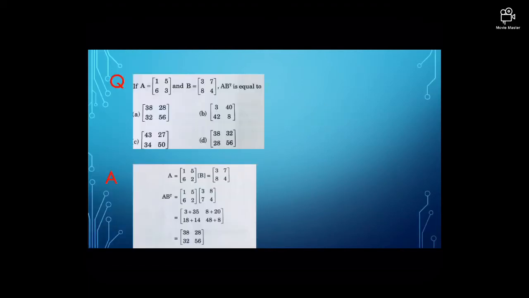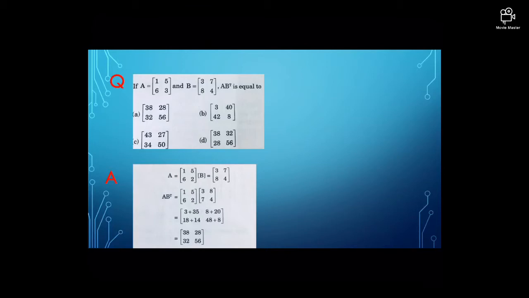So the first question is, if A is equal to the matrix 1 5 6 3 and B is equal to 3 7 8 4, AB transpose is equal to. So how will we find out? First we have the matrix A. So let's find the B transpose, that is the transpose of the matrix B, which is just rearranging the rows and columns, as you all know how to do the transpose.